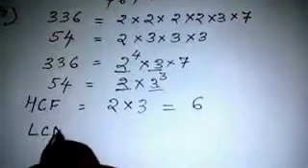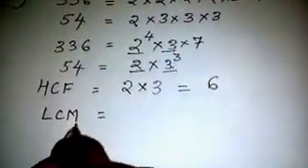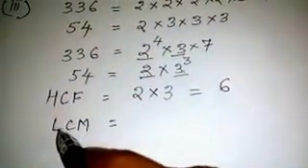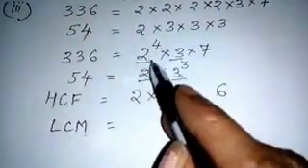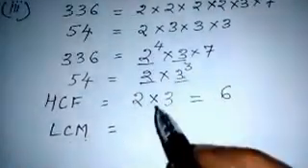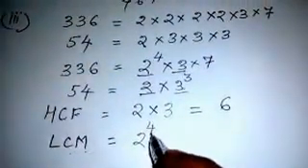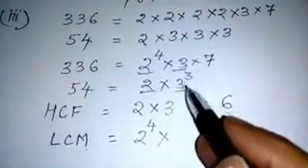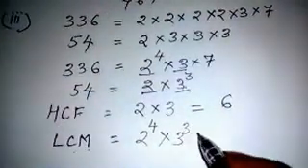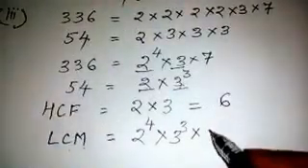Now for the LCM, lowest common multiple. We select the highest exponent of every prime factor. Let us start from 2. The highest exponent is 2 raised to the power 4, so we have selected this. For 3, between these two, 3 cubed will be selected. Then what is left? 7.